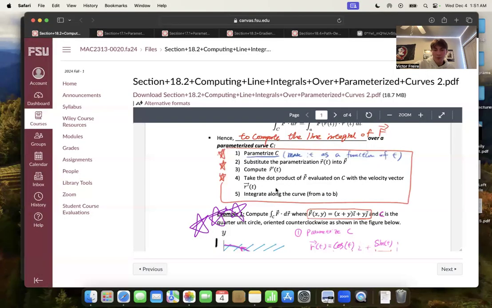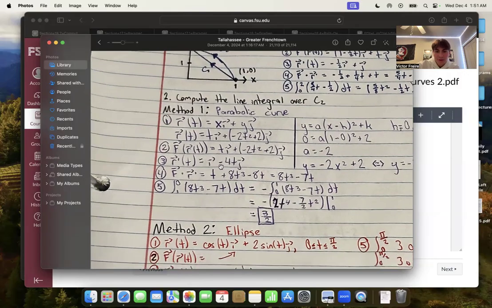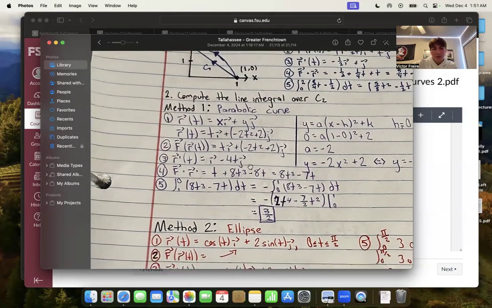And now the third step, once again, compute r prime of t. So that's just going to be right here, just 1 i. Then here it's -4t, and then this just becomes 0. So -4t j.